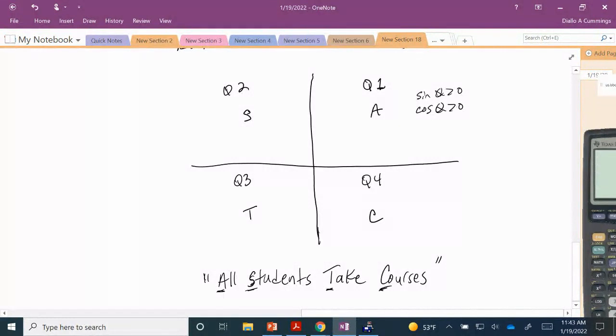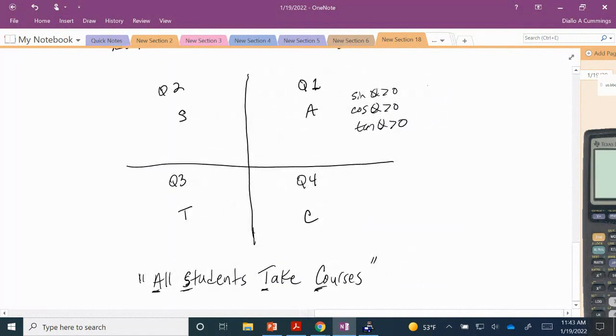The cosine is positive, the tangent is positive, and the reciprocals: the reciprocal of sine is cosecant, that's positive; the reciprocal of cosine is secant, that's positive; the reciprocal of tangent is cotangent, and that's positive. So that's what the A means.